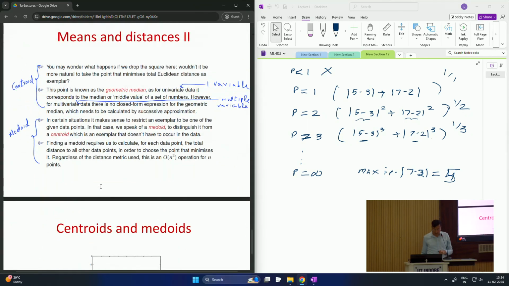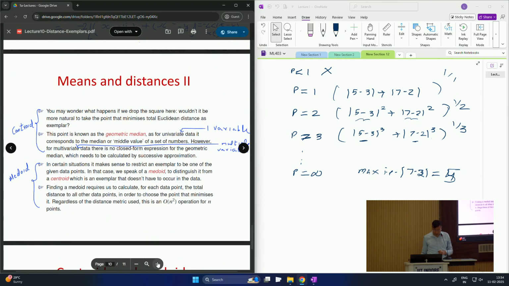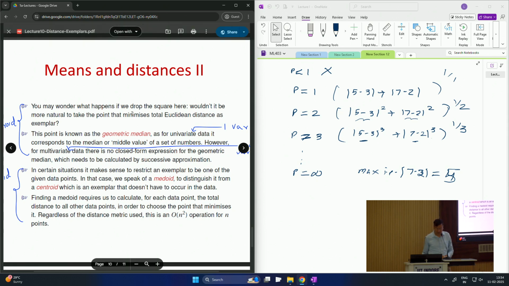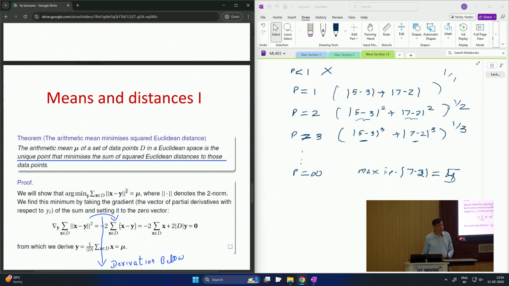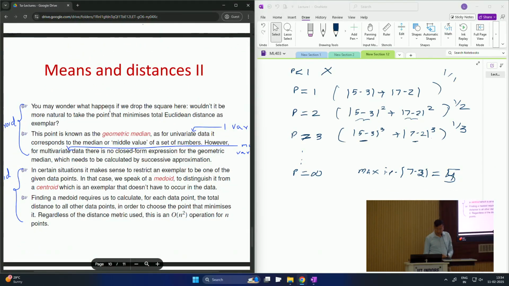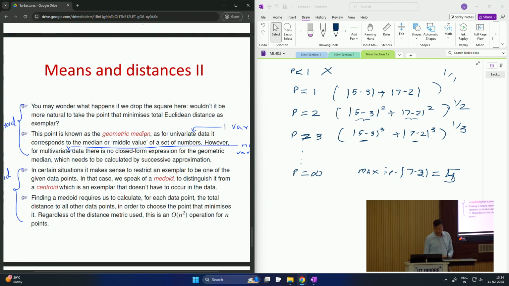So let's read this. It's saying, you may wonder if we drop the square. So instead of the squared Euclidean distance, if we just use the Euclidean distance, what happens? It's saying that you may wonder whether it wouldn't be more natural to just minimize the total Euclidean distance. The point in that case is called the geometric median.